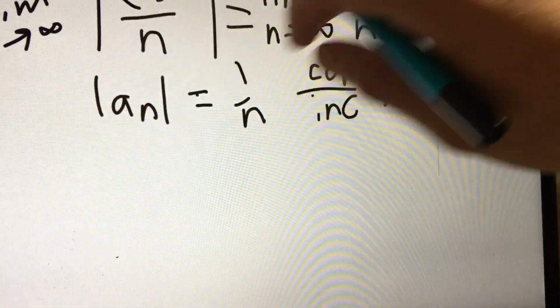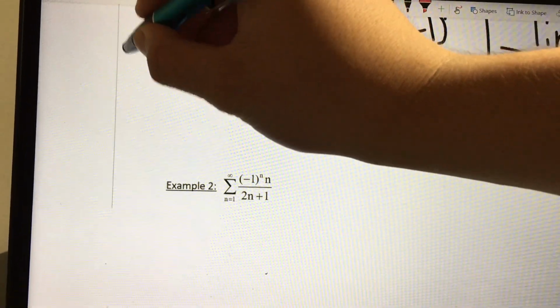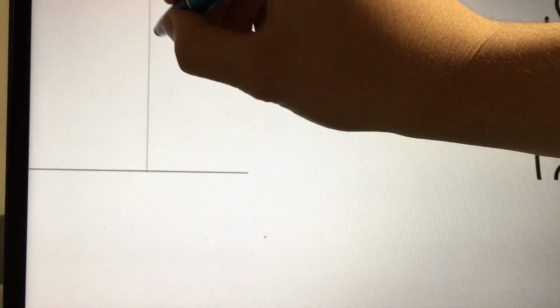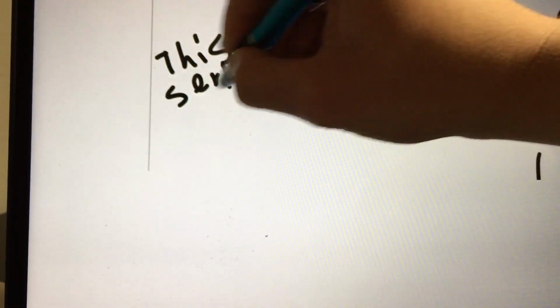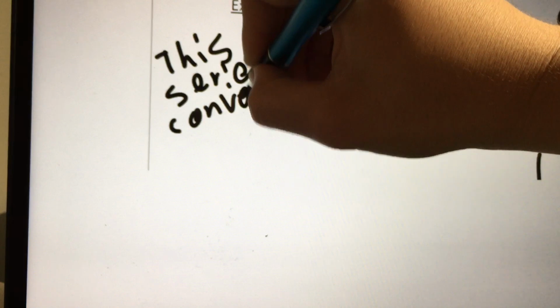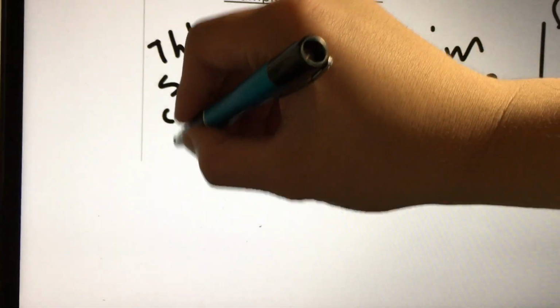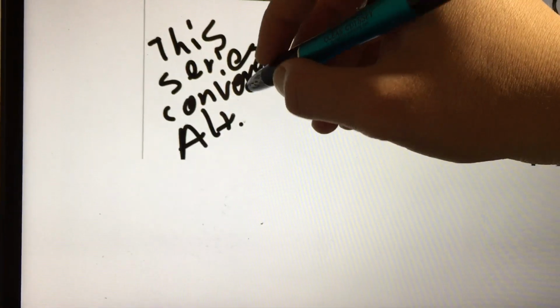So we write out: this series converges by the alternating series test, alt for short.